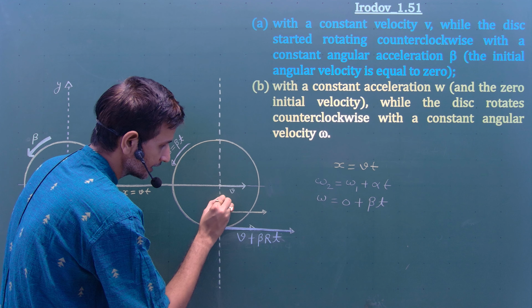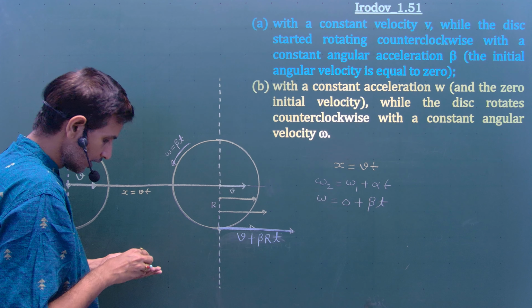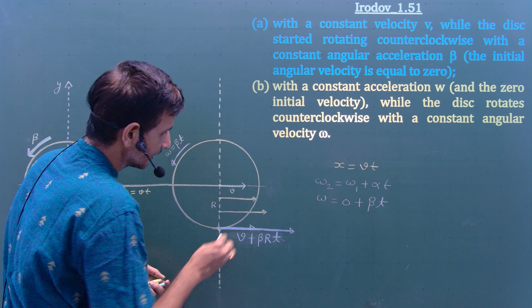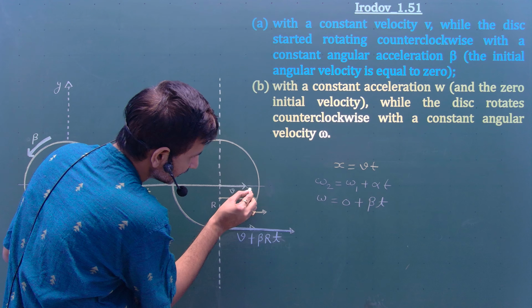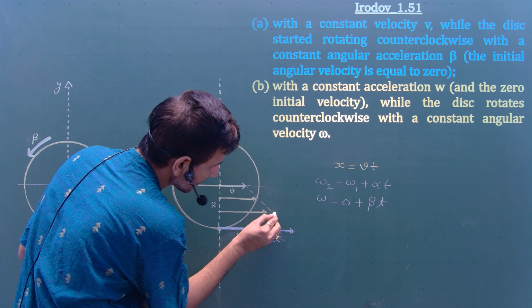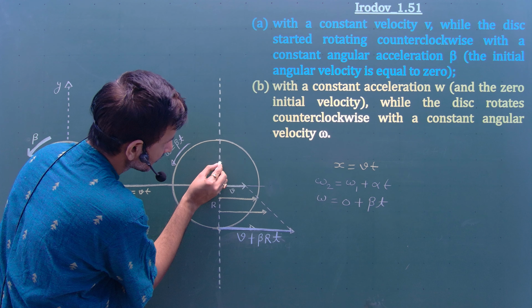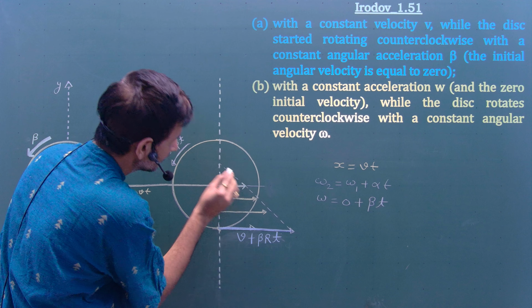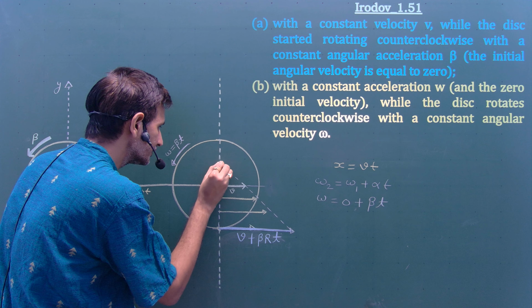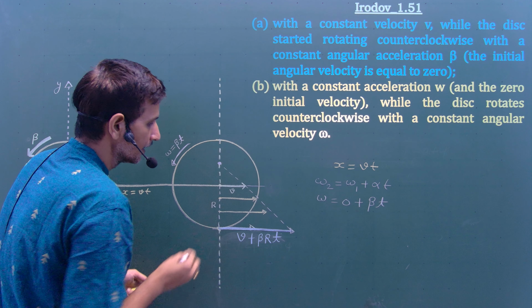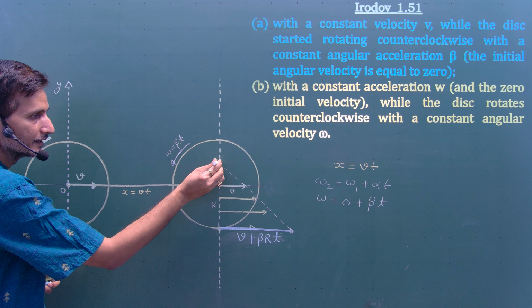If I continue this, you can extrapolate that if I join this line, where this line intersects at this point is the instantaneous axis of rotation. This is the instantaneous axis of rotation.